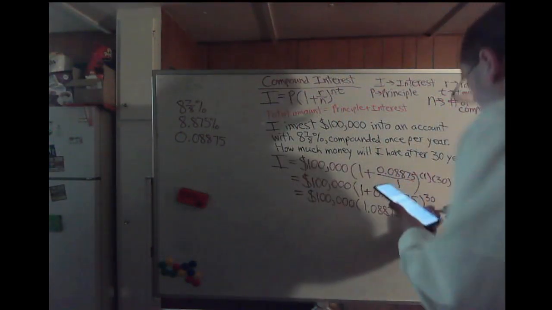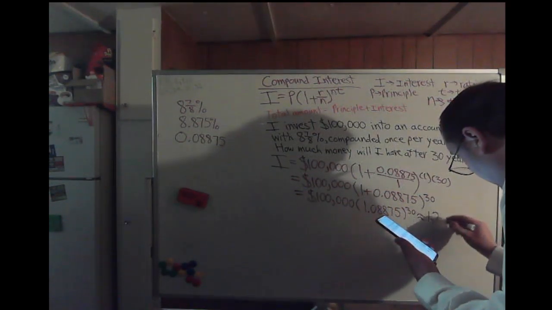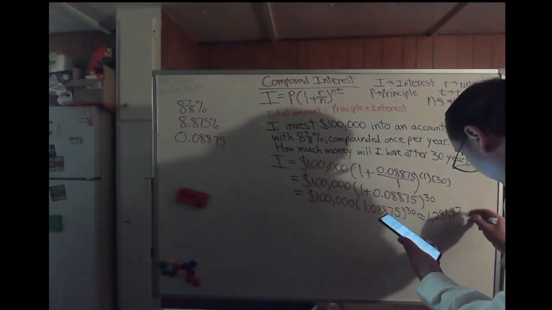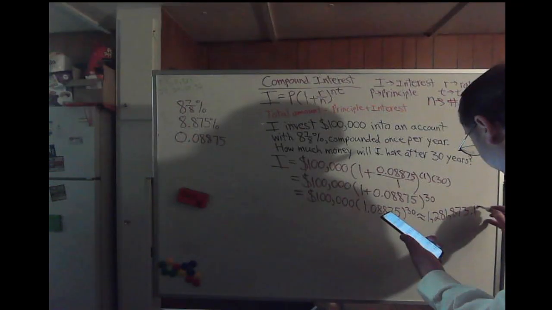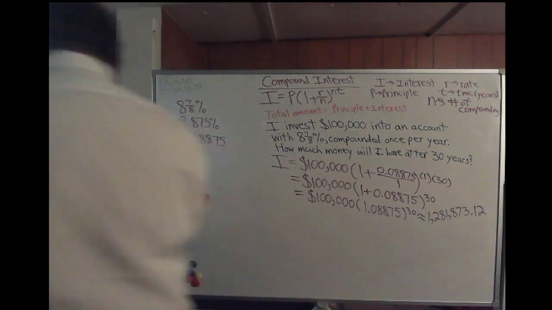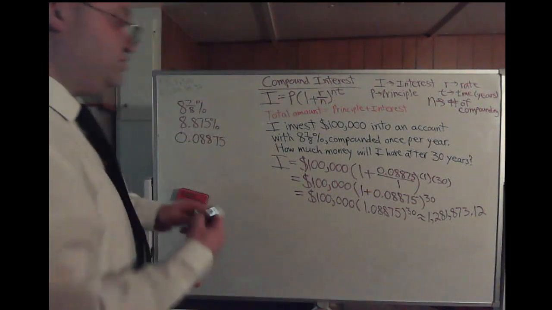You're going to get a real pretty number of 1,281,873 and 12 cents. So that interest, you already have over $1 million in interest.